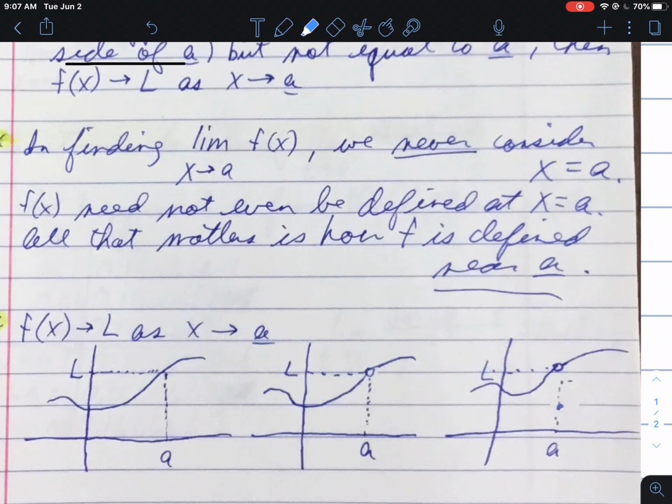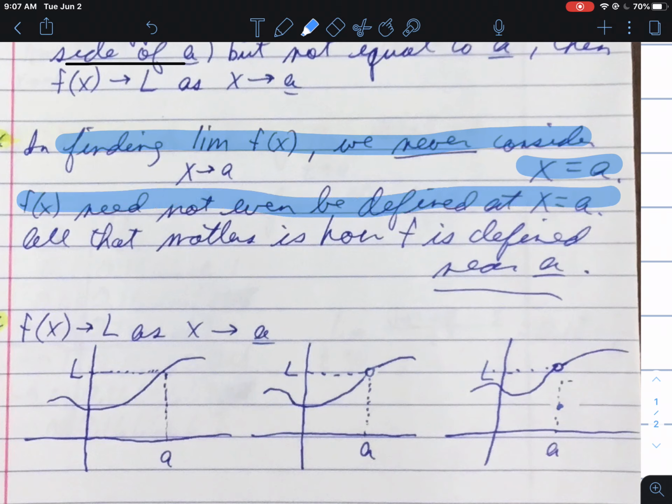This is what I was saying earlier: it's all about what is happening as you're approaching a. f of x doesn't even need to be defined at x equals a, or a doesn't even have to be in the domain of our function. It's all about what's happening to the value of the function as you're approaching or getting near that a value. I don't care what's happening at that point.